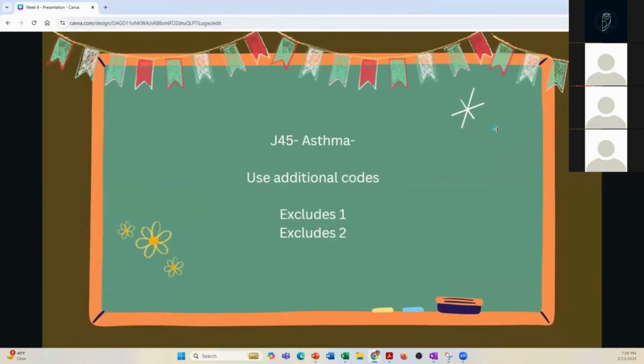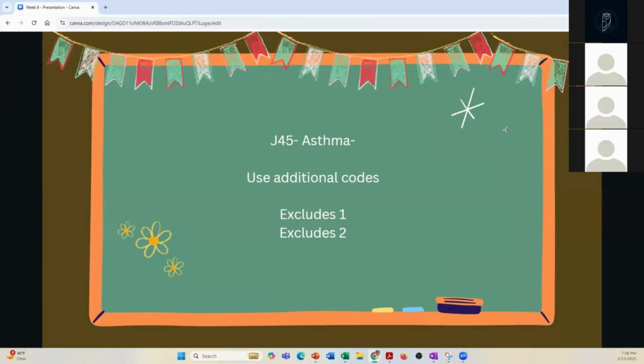The codes I wanted to look at, J45, are at the top of page 744. Underneath that in red, it says use additional code to identify, and then underneath you have some different terms.